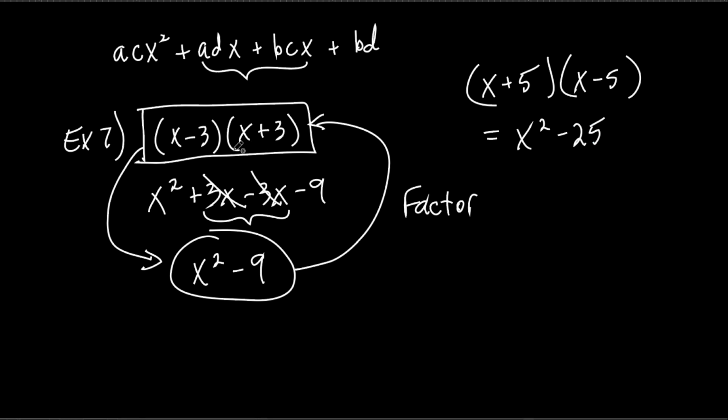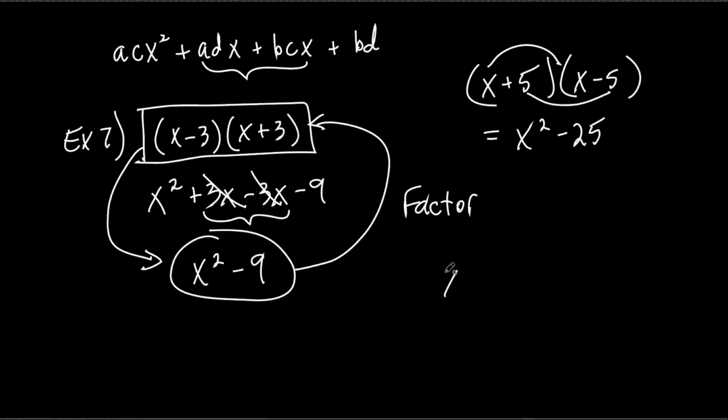How did I know that? Because when these were exactly the same, except for one was positive, one was negative, the middle terms add up to 0. So all I had to do was the first and the last. That's perfectly legitimate, just to write down the answer to that. And I just want you to recognize it.